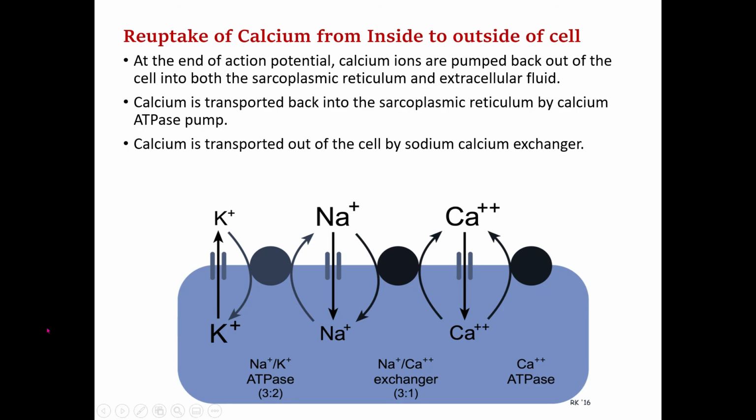Now you see, this is the sodium potassium pump. Potassium is moving inside because it was moved outside during the action potential, and sodium is moving from inside to outside because during the action potential a huge quantity of sodium entered the cell and it has to be removed. So the sodium potassium pump is working continuously.